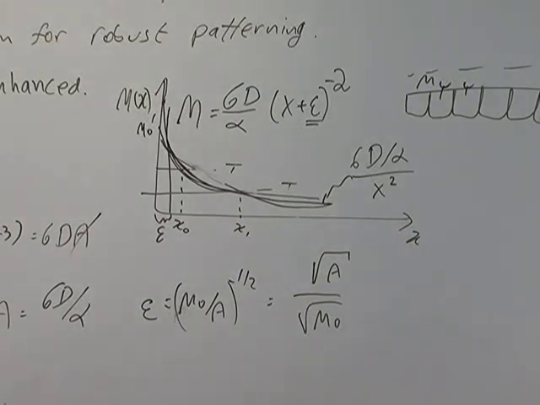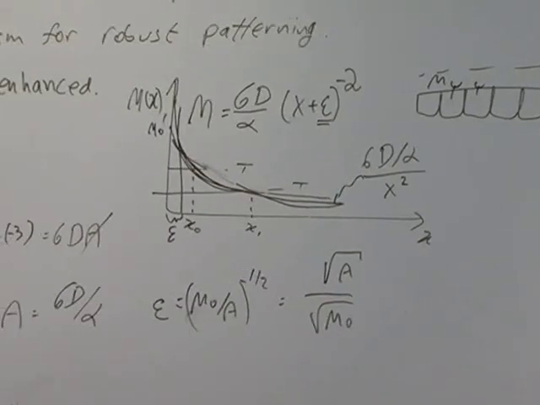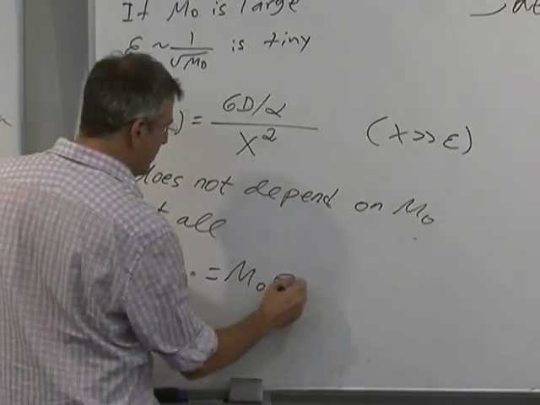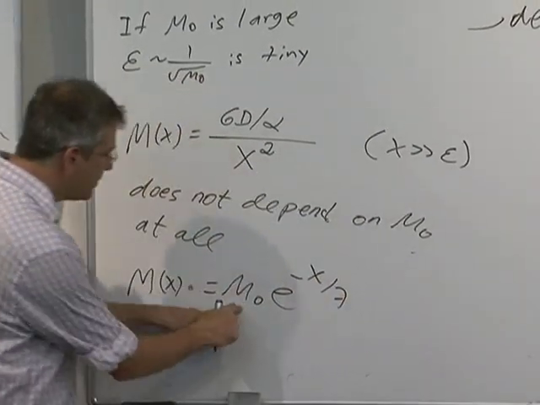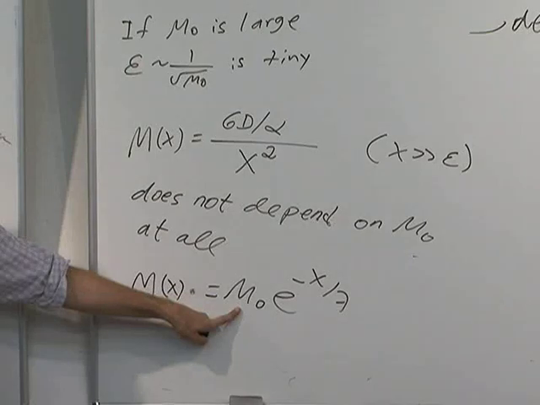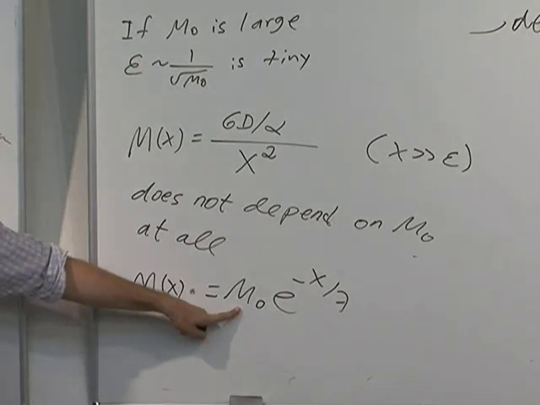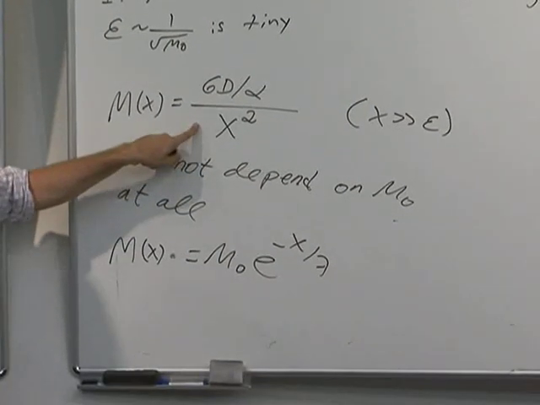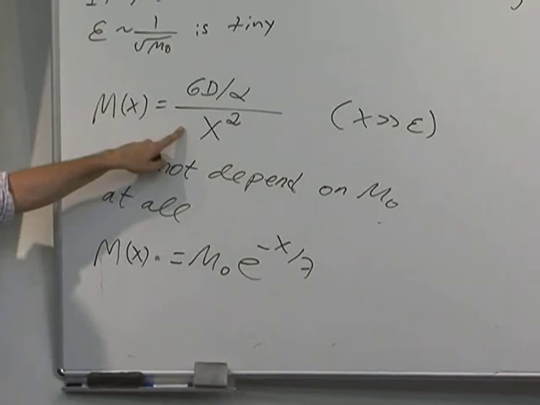In the first half hour, if you remember, we had the morphogen that looks like m0 e to the minus x over lambda, which depends very much on the initial level. You change the initial level by 2, you change it. Here, it doesn't depend at all on the initial level, if you're far enough from the source.